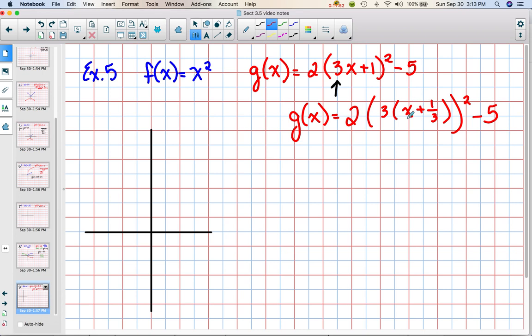Okay, so notice all I did, if I multiply this back in, it's 3 times x, and 3 times a third is 1. So I'm just working right here with this little portion and factoring the 3 out and writing it in this format. Now, the reason why I do that, because if I do it that way, then I can think of this as, this is going to actually be horizontally compressed.